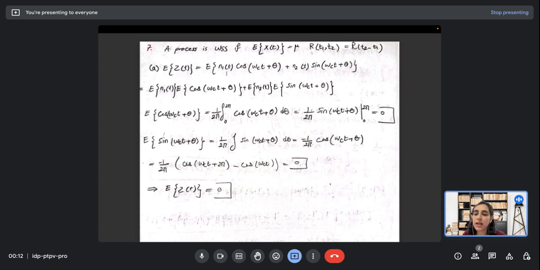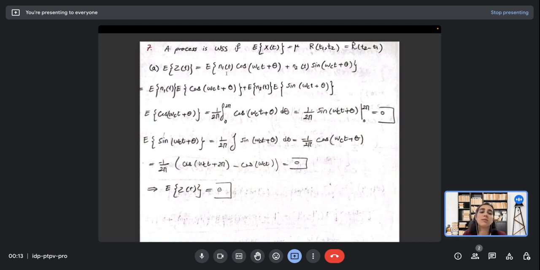So for calculating the expected value of cosine, we will write the integral. And we know that theta has a uniform distribution, so we can write 1 divided by 2 pi, which comes out of the integral. In the integral we have cosine times d theta, and the integral of cosine is sine.